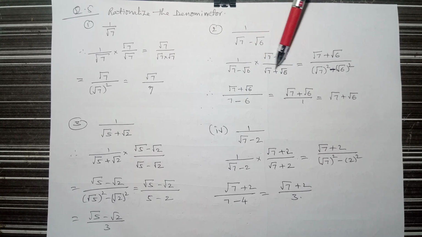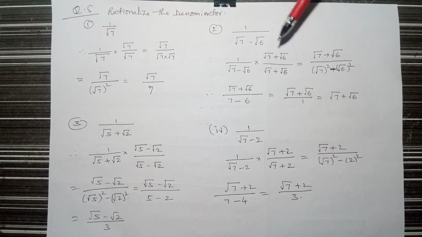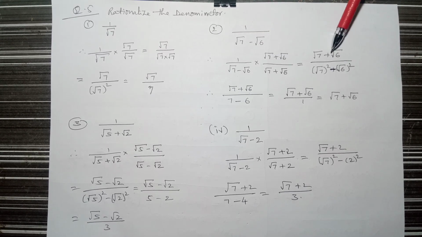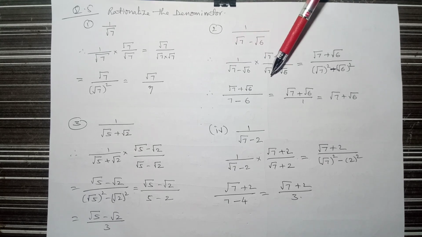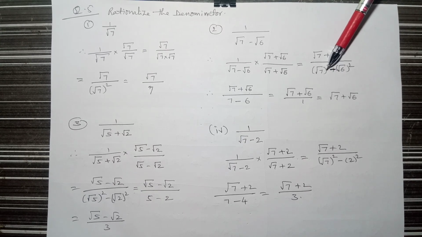If you are taking this in the denominator, you have to take the same in the numerator, therefore this will be a unit fraction. 1 into this is the same. Now you can apply the multiplication: 1 times root 7 plus root 6. The same, and here (a minus b) times (a plus b), according to the formula, is a square minus b square.